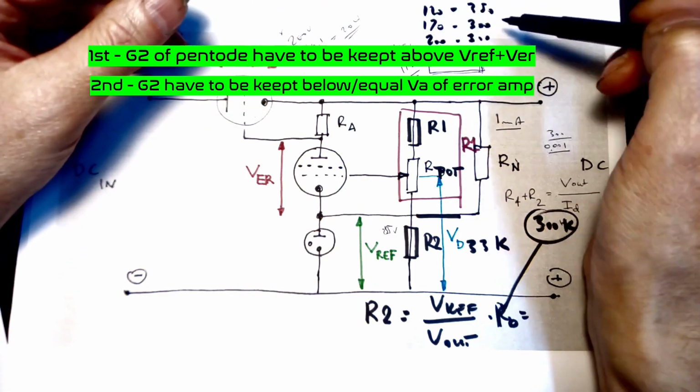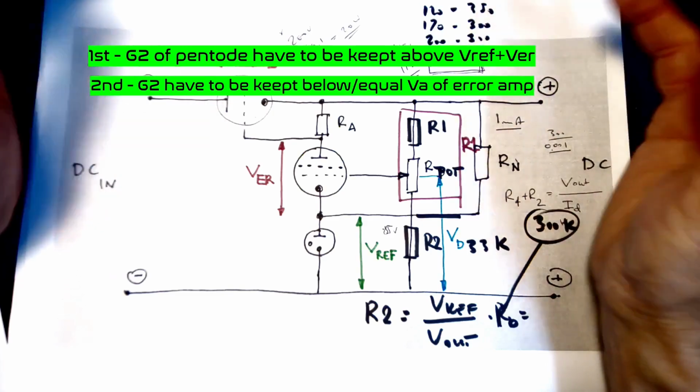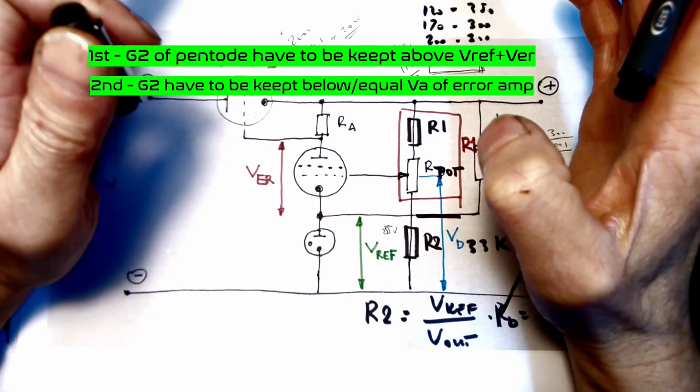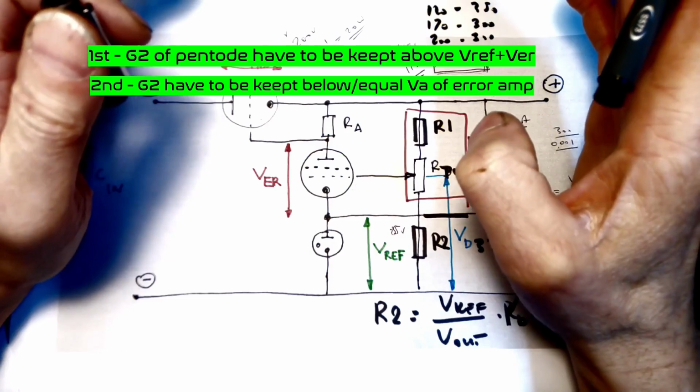Because if we have a much narrower range, we have more options.